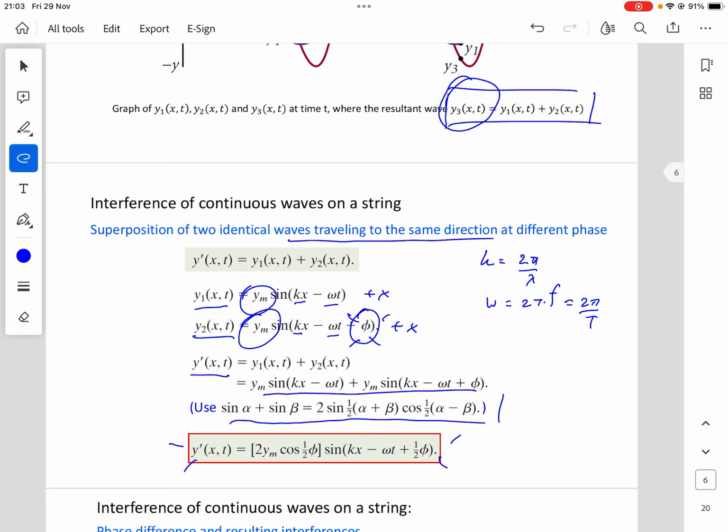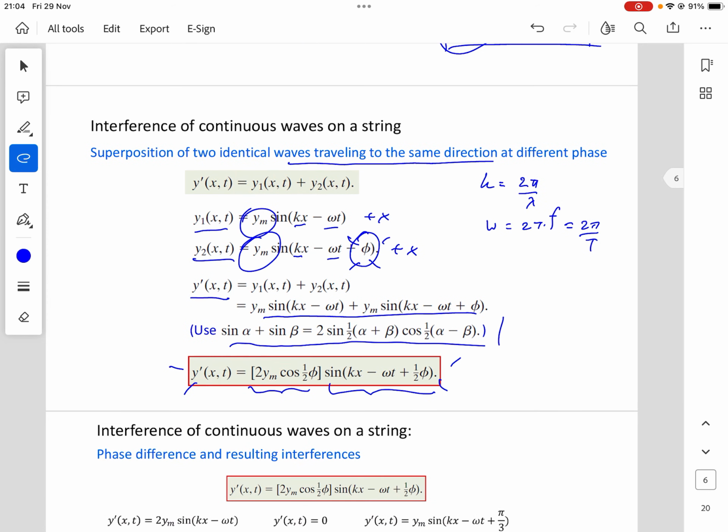That has two parts. One is this part, sine of kx minus omega t plus half of the phase. This is actually the characteristic of a wave, right? When you have a sine or cosine function with kx and omega t inside, this is a wave, or you can say a continuous wave. What really is this? 2ym cosine of half of phi.